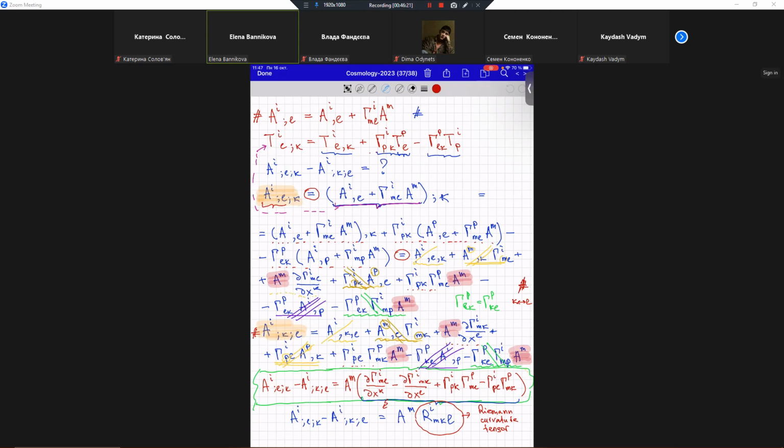I can say in advance that the Riemann tensor is symmetric relative to permutation of the pair of indexes, so in this case it doesn't matter, KL or LK. But it's asymmetric with respect to another permutation, and there it will appear as a minus, but we will see it a little bit later.